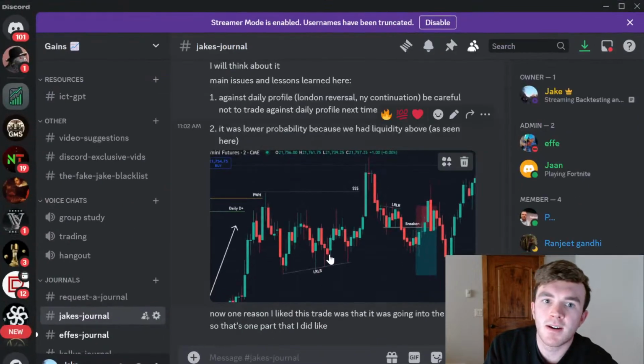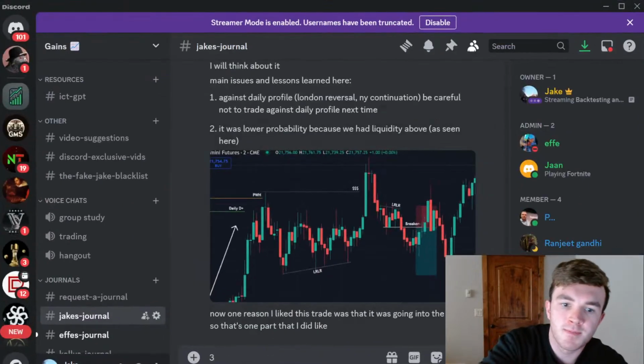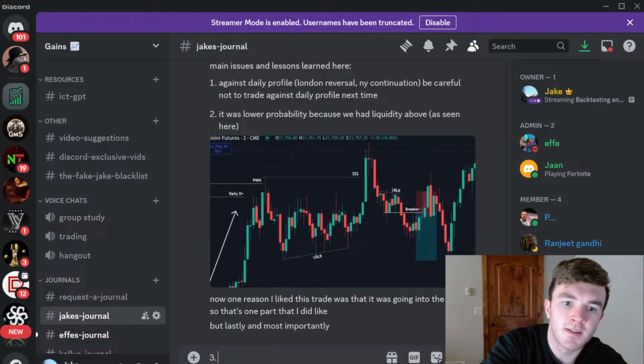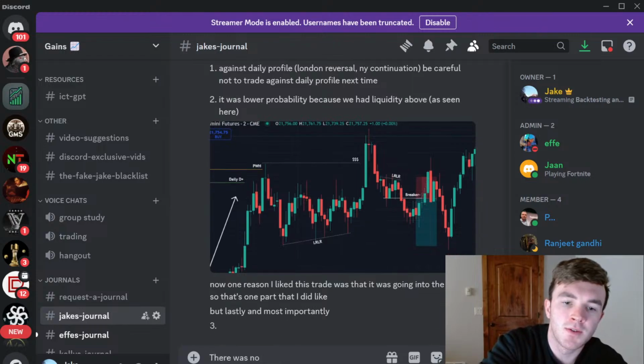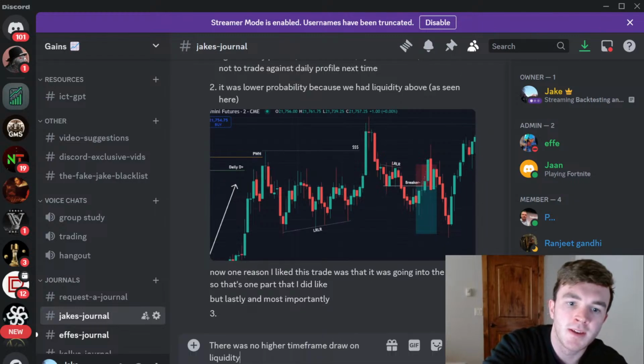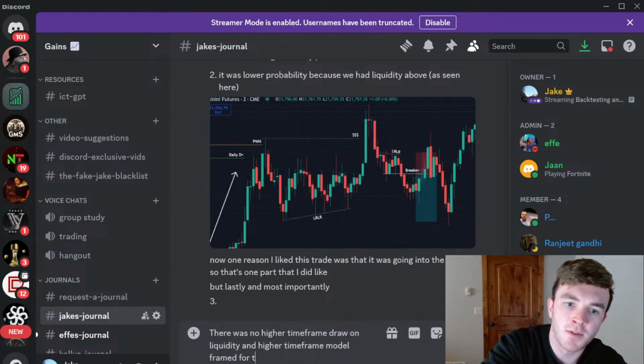And so, lastly and most importantly, number 3: there was no higher time frame draw on liquidity and higher time frame model framed for the lower time frame trade.